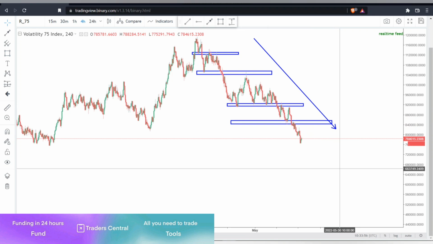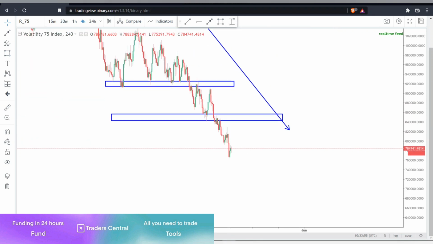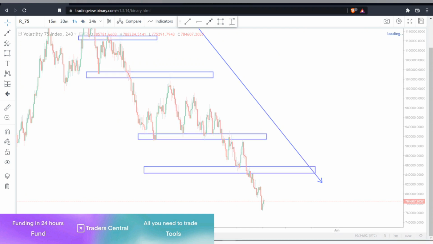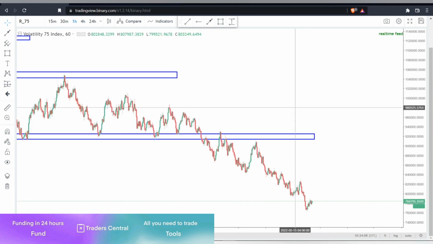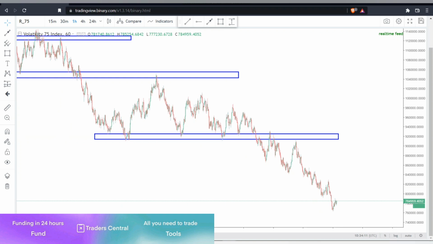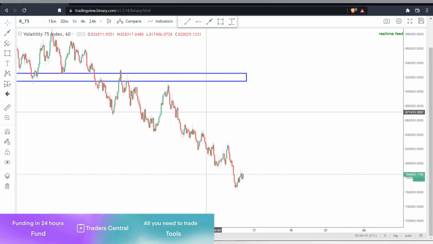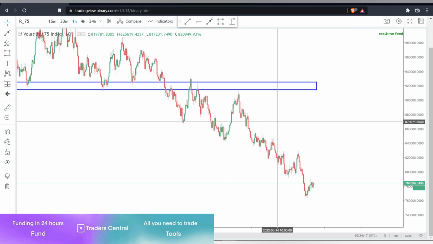Let us go to the 1 hour time frame to see what more information has been hiding in the 4H time frame that we cannot see. You can see on the 1 hour time frame the market has been very clear on higher highs and higher lows.